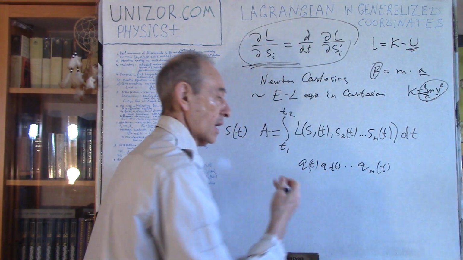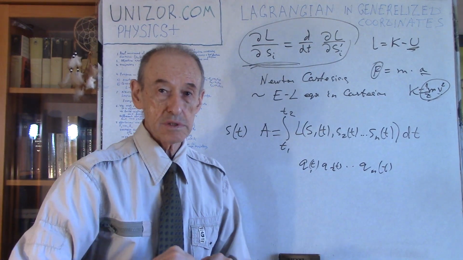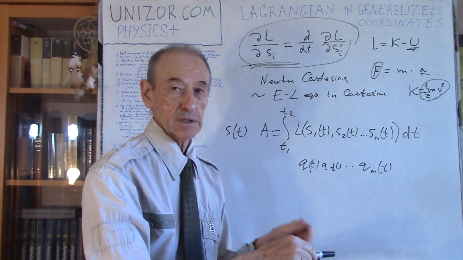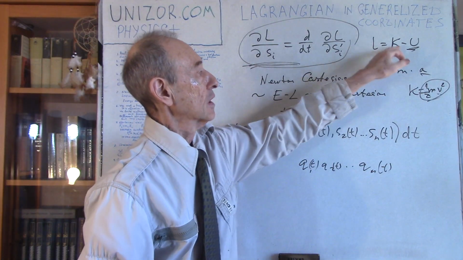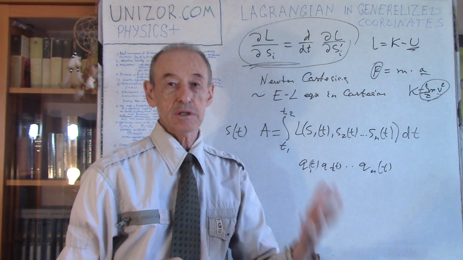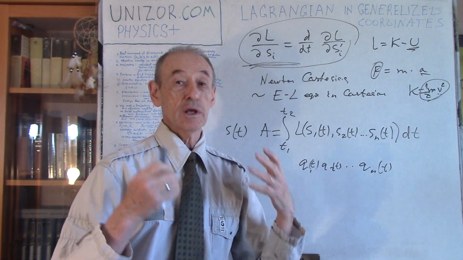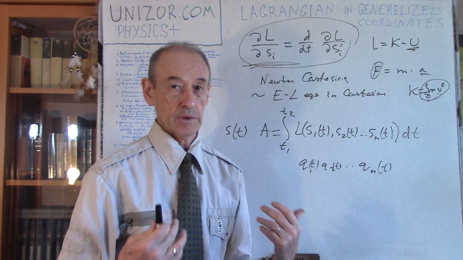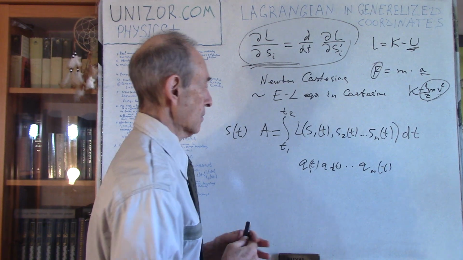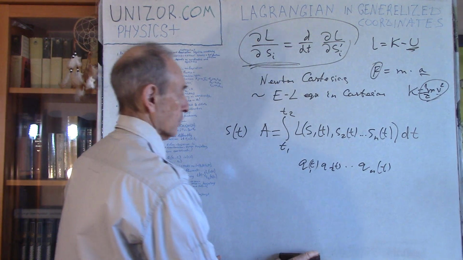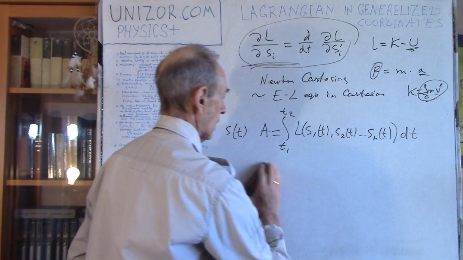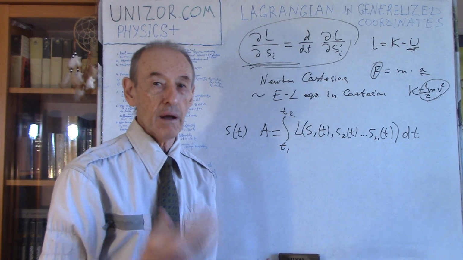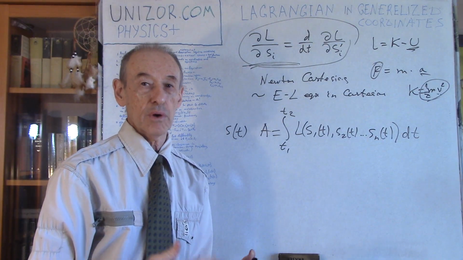So no matter which coordinate system we use, this is a physical point on the physical trajectory, and in that point we are calculating the difference between kinetic and potential energy, which is also a reality, independent of our coordinate system. So that's why I'm saying that this integral is physical reality regardless of the system of coordinates.